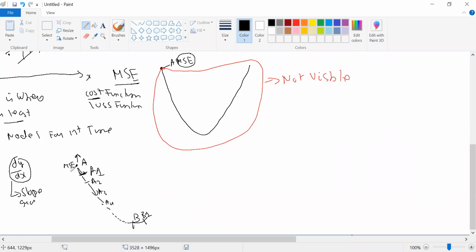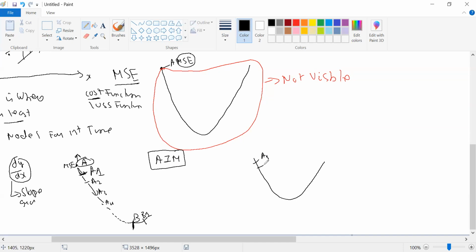So starting at point number A, you cannot see the best point, and you did not even know how far the best point is. But तुम्हारे पास क्या था? You knew your aim. Your aim was to reach the point where your error is least. Okay. So imagine ये देखो ये MSE है.